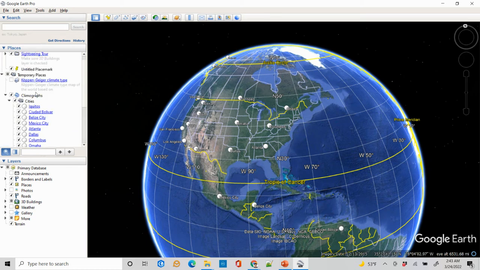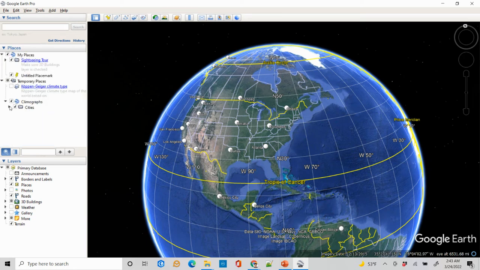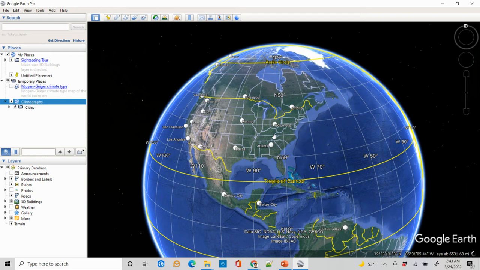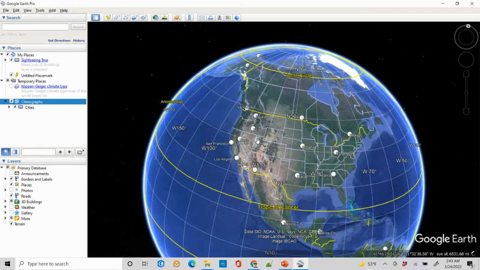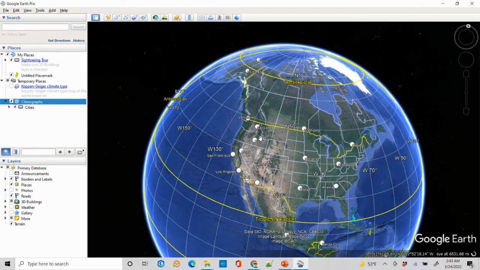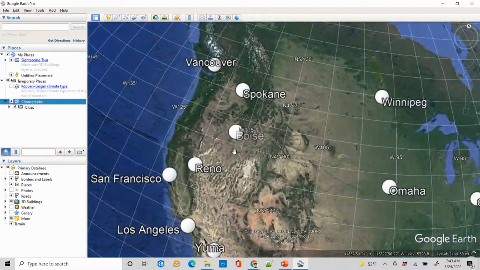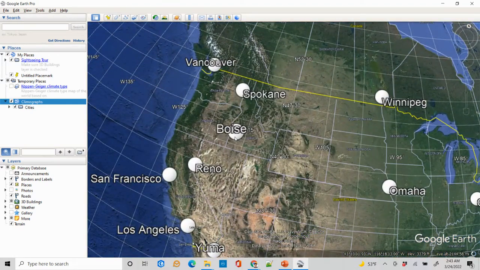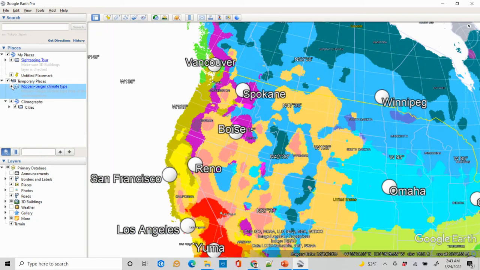So if you go through this here, I'm going to untick this. So this is Boise, right? Now we'll get to see the color, and then we'll see the climate type. So I'm going to tick that again.